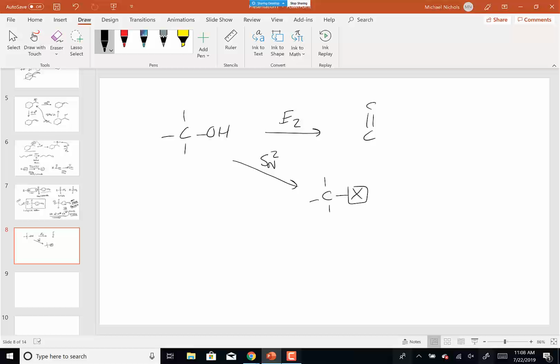Acid's not compatible with any of our strong bases. So for E2, H+ is not an option. Down here, H+ is too slow. So I can convert my alcohol to a chloride if I use PCl3 or SOCl2. That would be great.